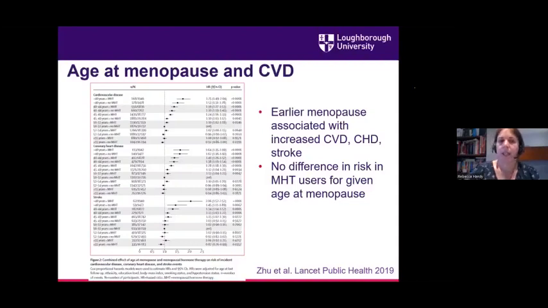So you can see these sort of trends from earlier menopause to later menopause here. And we could also look at hormone replacement therapy, or as we now call it, menopausal hormone therapy. And you can see that there was no difference in risk for hormone users for a given age at menopause.